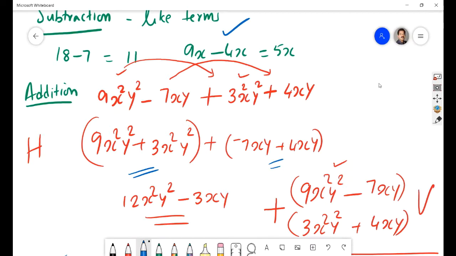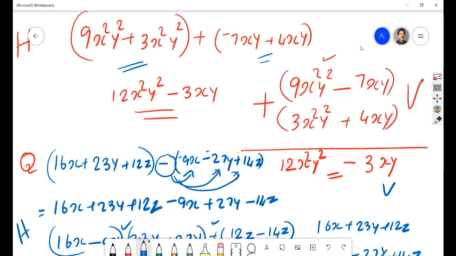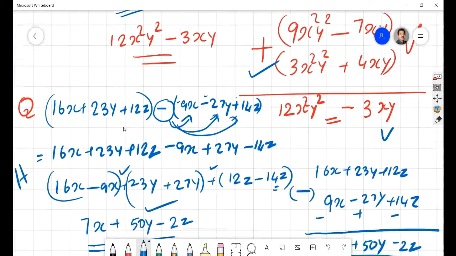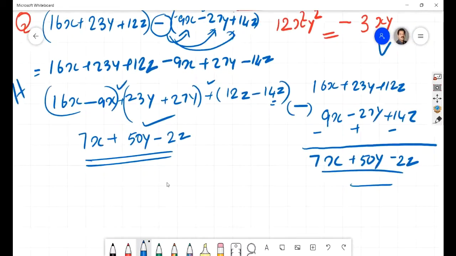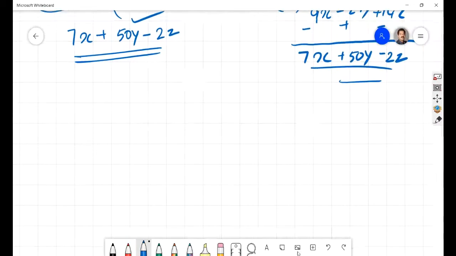You can do it vertically more conveniently by placing the like terms one below the other. That also you could see here in this case. And now it is a trinomial and it was subtraction. Understood? Let us go ahead to know more about algebraic expression and its operation.